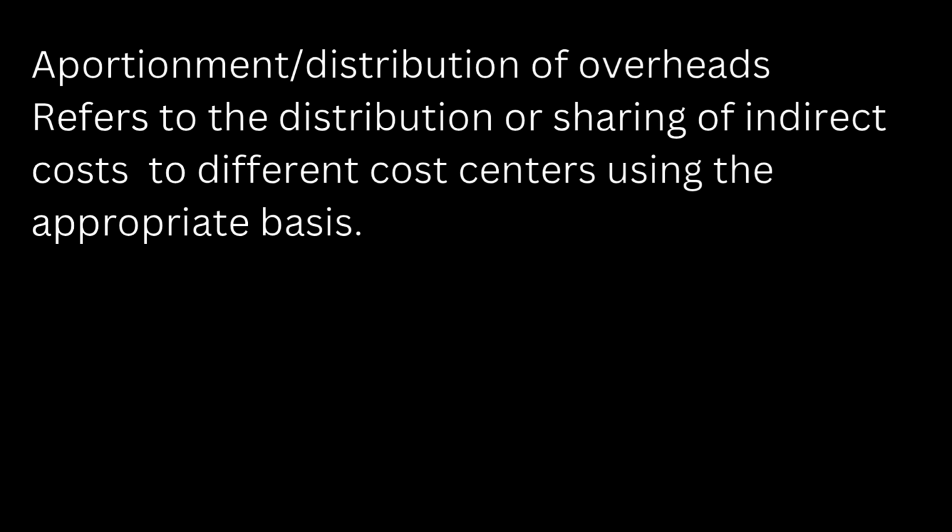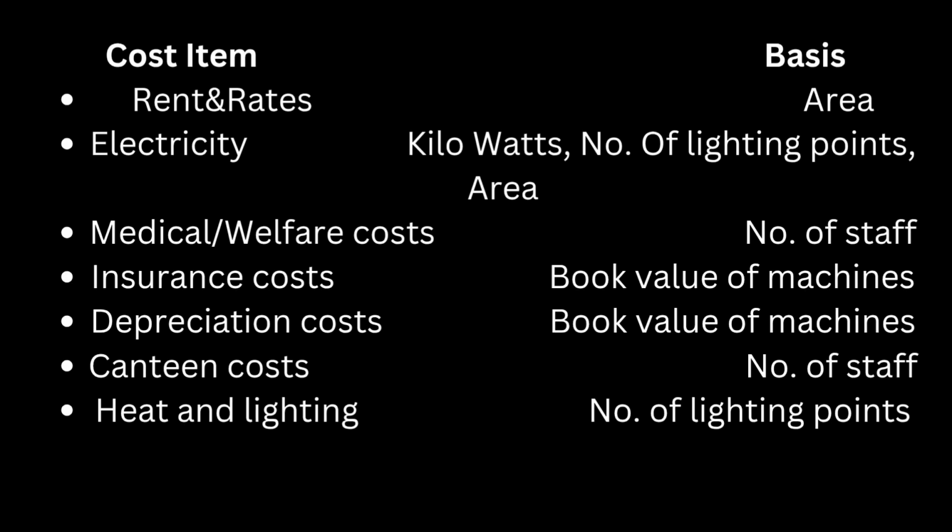For example, let's give an illustration here. Let's have our cost item and the apportionment base. Our first cost item can be rent and rates. Rent and rates can be apportioned based on the area. If you're renting a certain place, you can apportion the costs based on the area of the place.